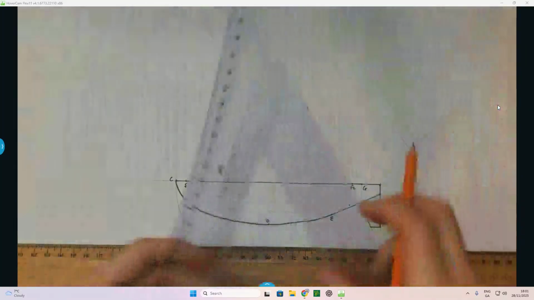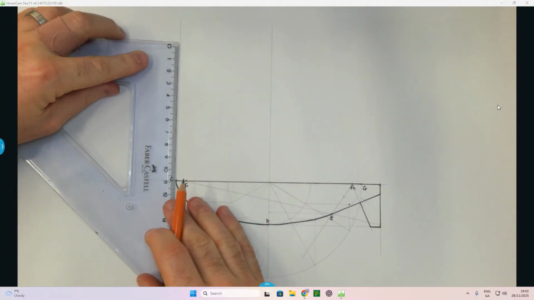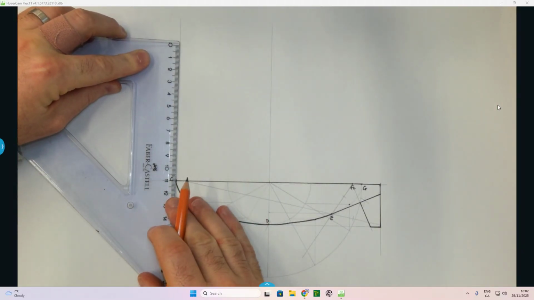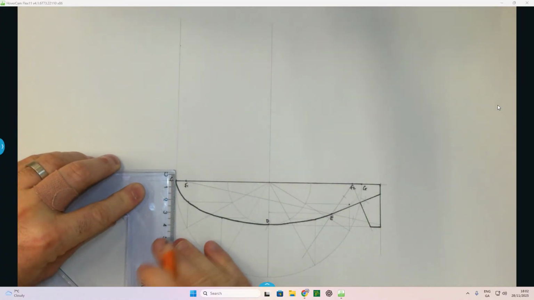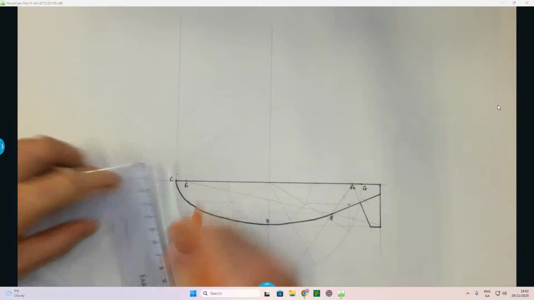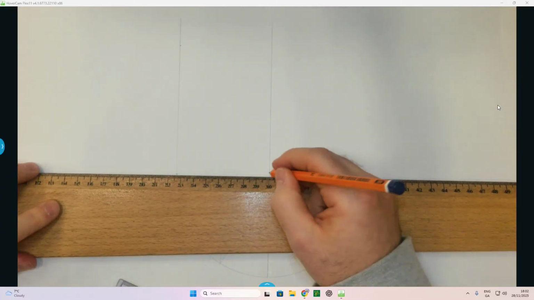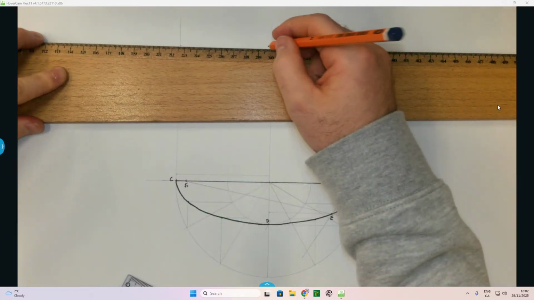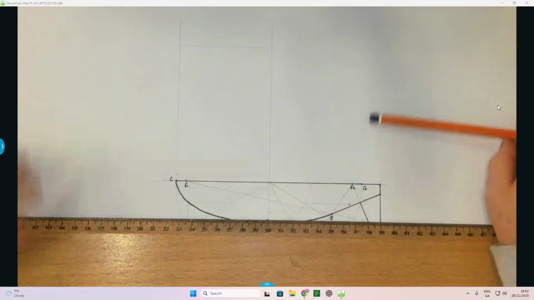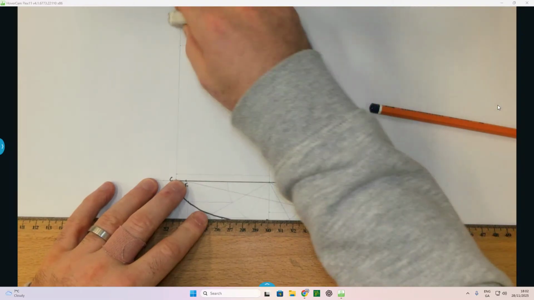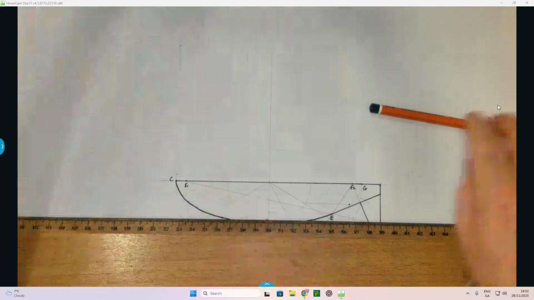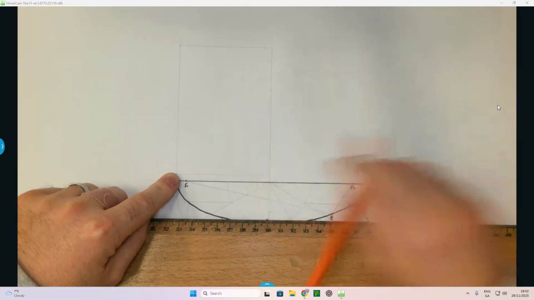So, just taking my set square here. I'm going to go from 11 up as far as 0. And while I'm at it, I'm going to measure 5 millimeters up as well. Line across there. Line across there. And I'll rub out the excess so it doesn't confuse anyone. Okay. So my parabola has to fit inside of that section there.